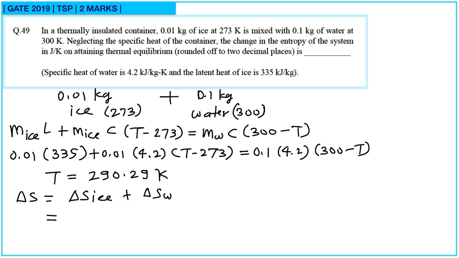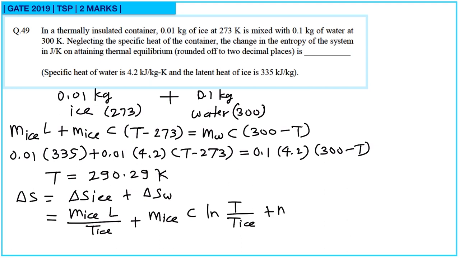Now ΔS is equal to ΔS of ice plus ΔS of water. For ice, it is melting as well as this temperature increase. So this will be m_ice L upon temperature of ice, plus m_ice C ln of final temperature upon initial temperature, plus m_water C ln of final temperature T upon initial temperature T_W.